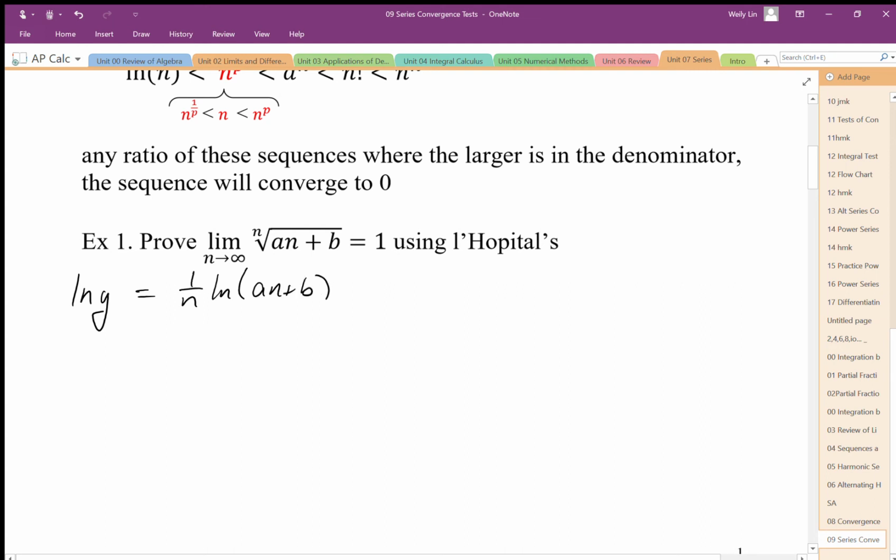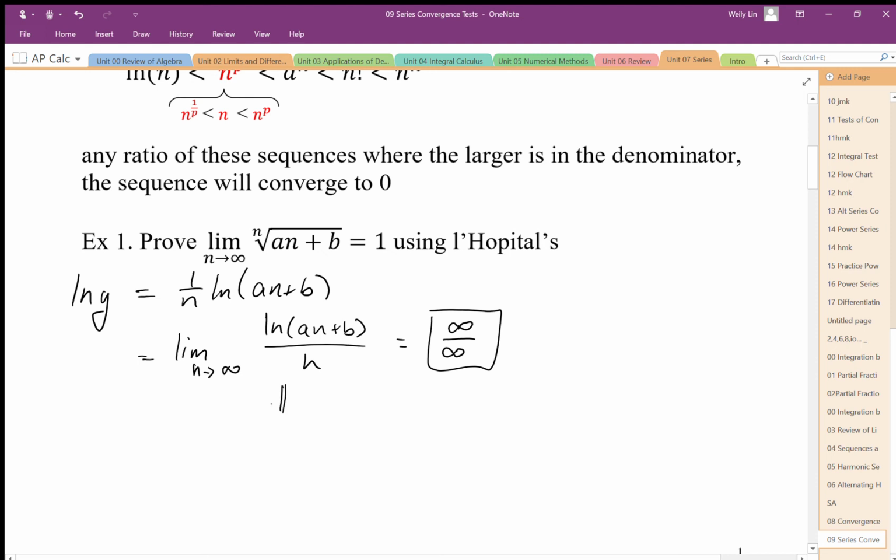And so the limit is going to be equal to the limit as n goes to infinity, and we'll write this in ratio form, log of a n plus b over n. We can see that as n goes to infinity, the numerator is infinite and the denominator is infinite. We have our condition to apply L'Hopital's rule.